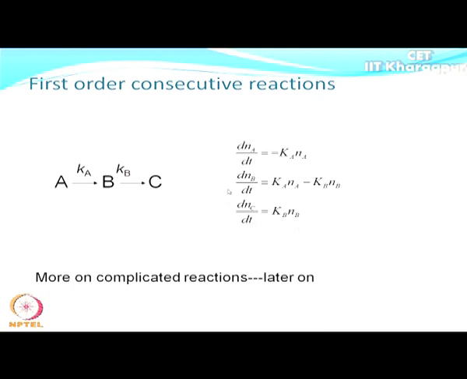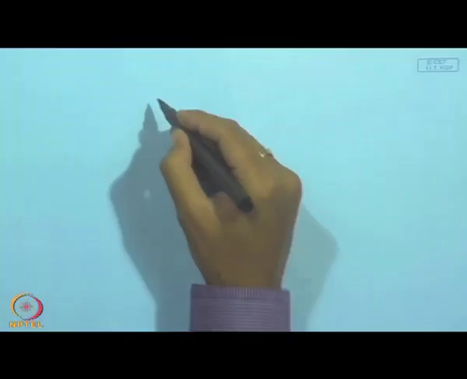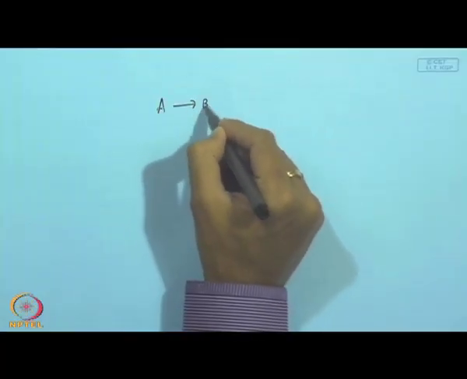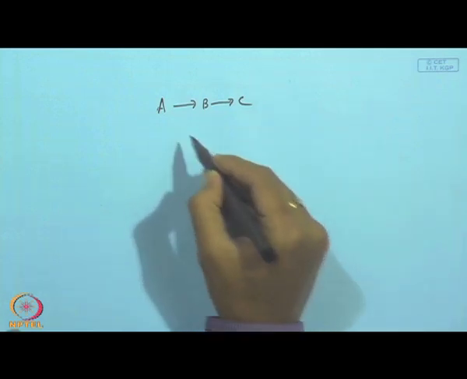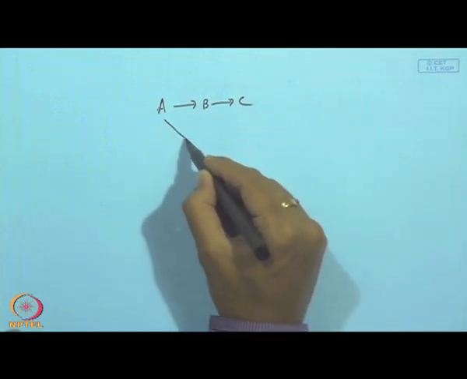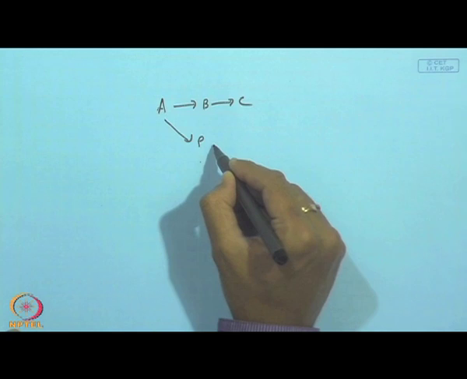More complicated reactions we will talk about at a later time. Okay, like it is a consecutive reaction, maybe a parallel reaction. There could be another situation, say A to B to C, it is a consecutive. It may so happen that this A is doing another reaction, A to P to Q.